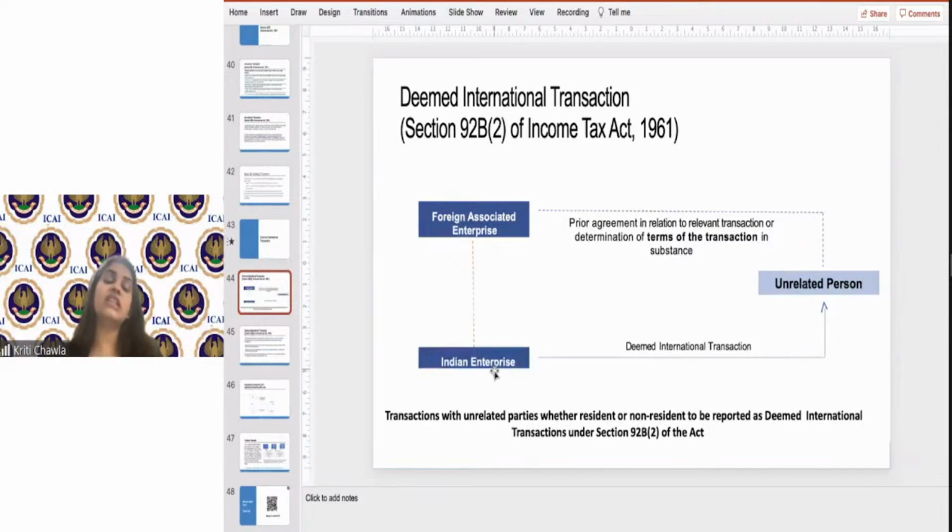But if you see that the Indian enterprise is transacting with the unrelated person and the terms of the transaction are determined by a foreign associated enterprise, well, then this will be within the purview of a deemed international transaction, because their intention was not to transact with each other. Their intention was to circumvent transfer pricing provisions in that manner, and hence it will be a deemed international transaction even if they are not related to each other.